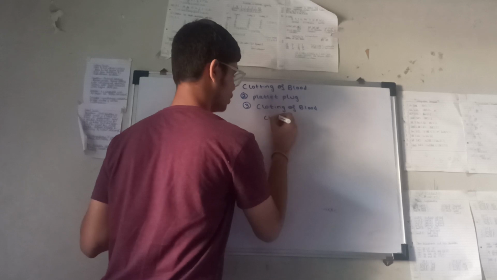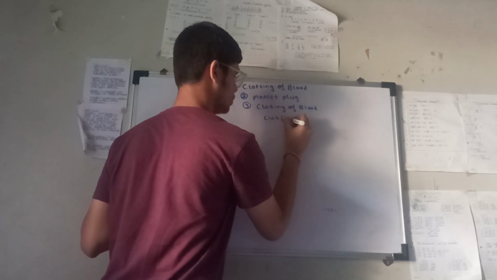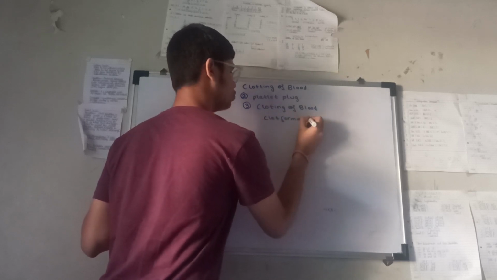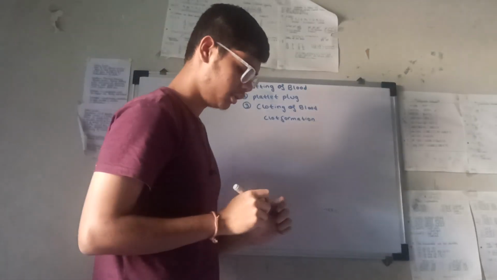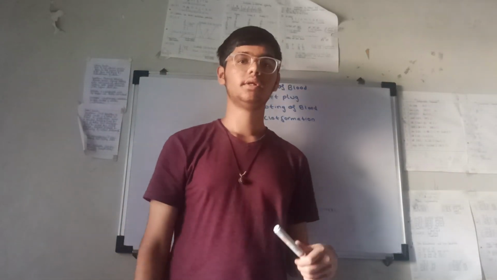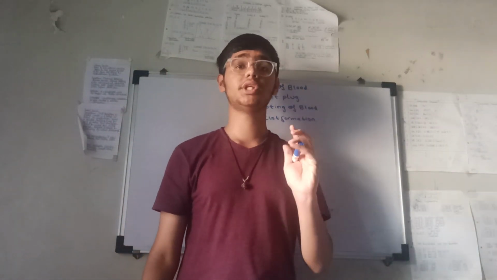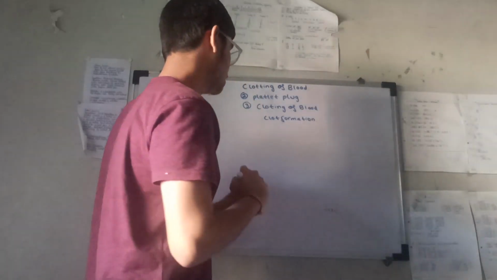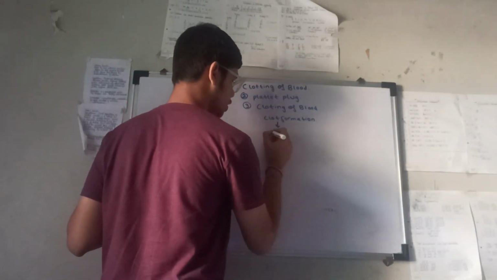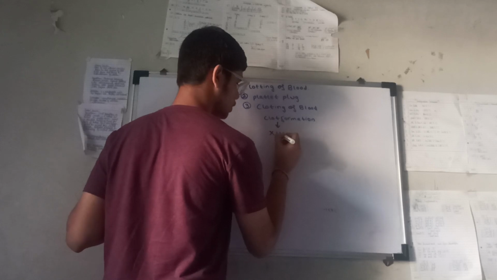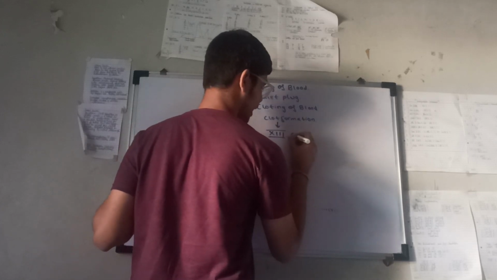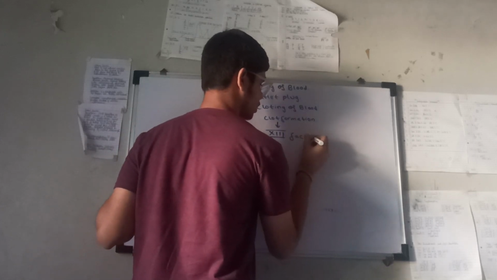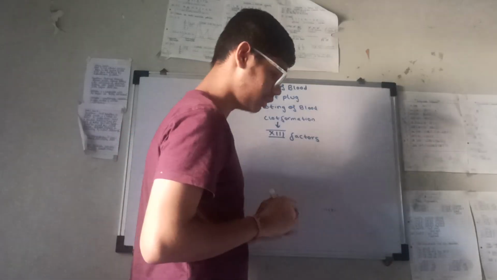Clot formation will take place. So for the clot formation, there are 13 factors which are essential. These 13 factors are written in Roman numerals. So which are these 13 factors?